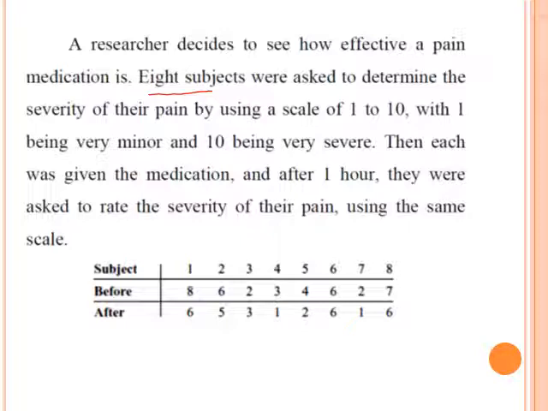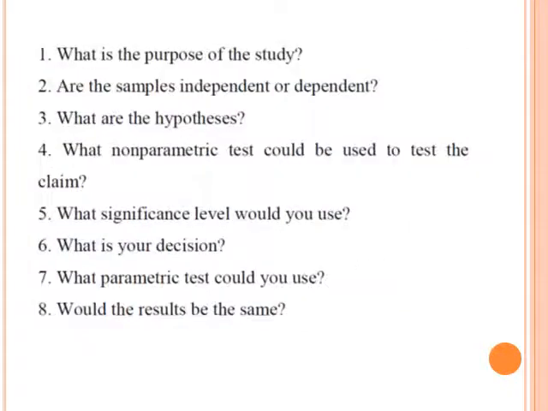So we have 8 subjects who did not take the medicine, and we already have scales from 1 to 10 for each one, and this is the before. Then the 8 people took the medicine, and after 1 hour they were asked about the pain, and the result was this.